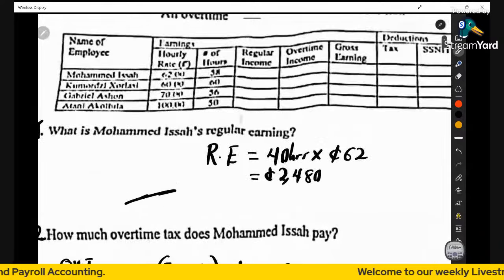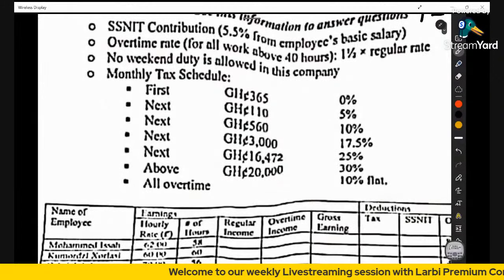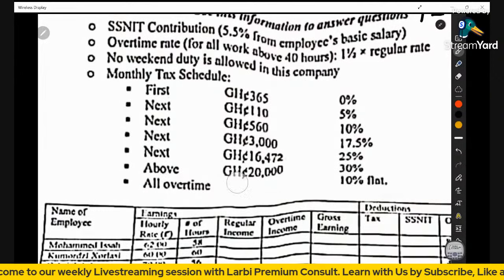But we were asked to find the overtime tax and not the overtime income. So let's go through the condition that was given for the overtime tax, and it says that all overtime, the last bullet here, goes for 10% flat as a tax.